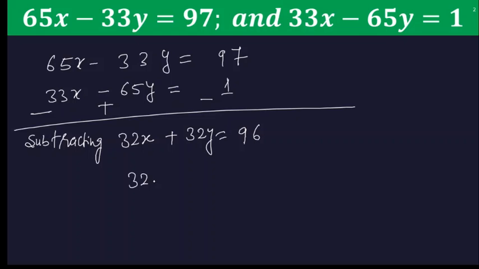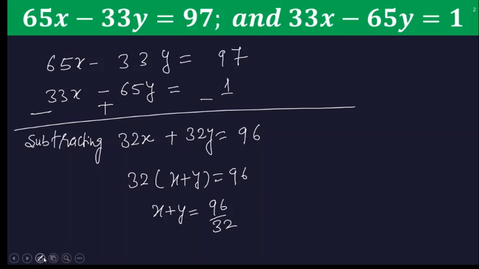So 32 common: x plus y equal to 96. x plus y equal to 96 divided by 32. I hope you are observing correctly. What would come? 3 will come. So after getting this 3, this equation becomes x plus y equal to 3. This is our fourth equation.